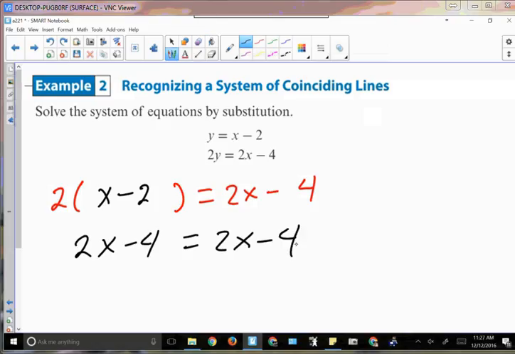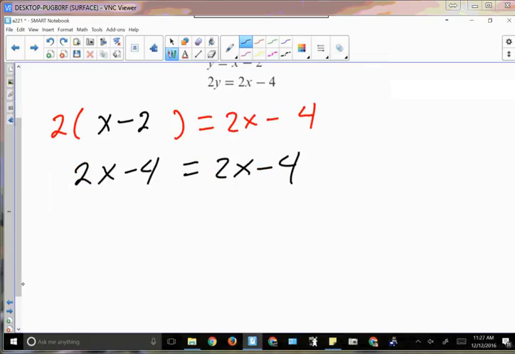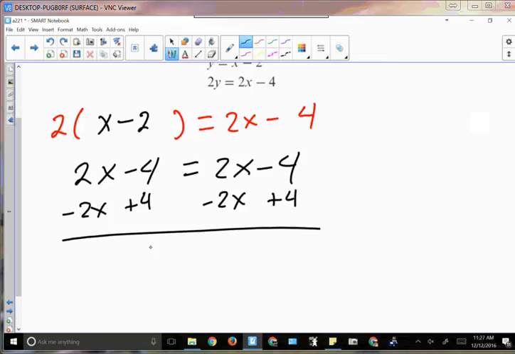Looks a little odd, does it not? Well, let's say I subtract 2x here, I subtract 2x here, I add 4 here, I add 4 here, what I end up getting is that 0 is equal to 0. Now, is that true? Yeah, 0 is equal to 0.